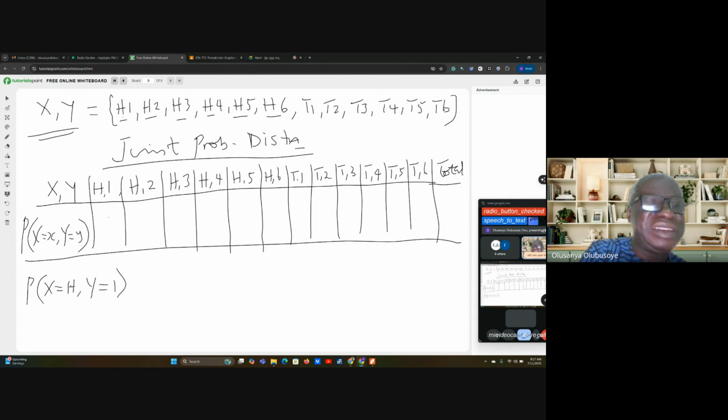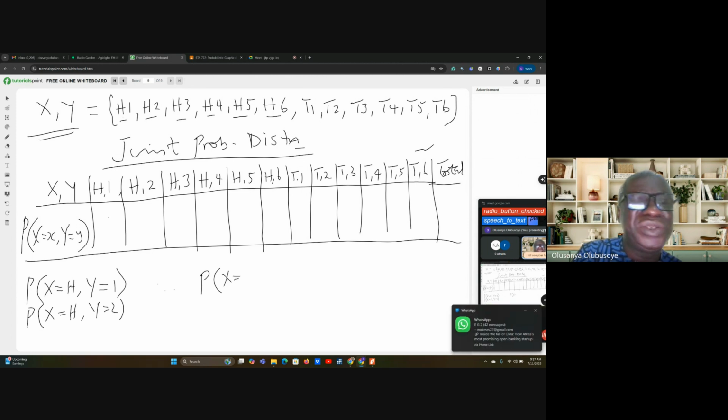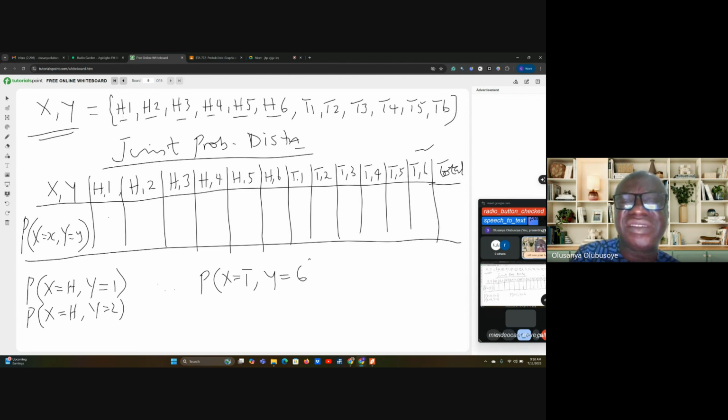The next will be probability of the coin showing head and the die showing 2, up to the last one, the probability of the coin showing tail and the die showing 6. So each of these is called joint probability.